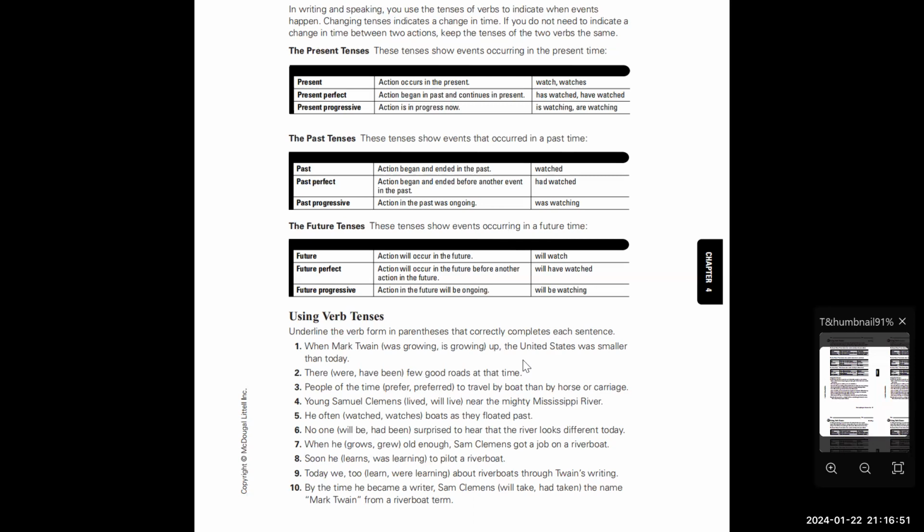So number four. "Young Samuel Clemens blank near the mighty Mississippi River." There's no time, so it's up to you. What do you think?